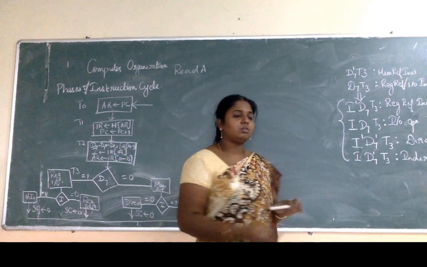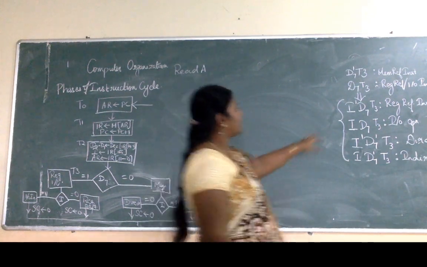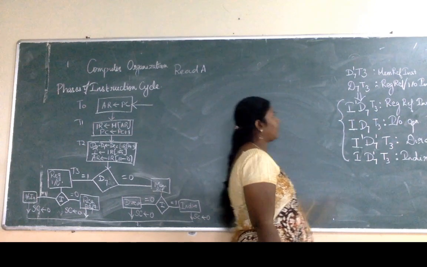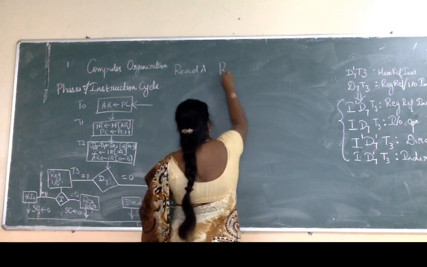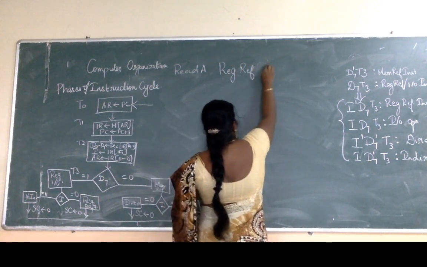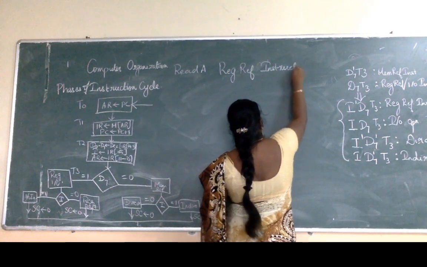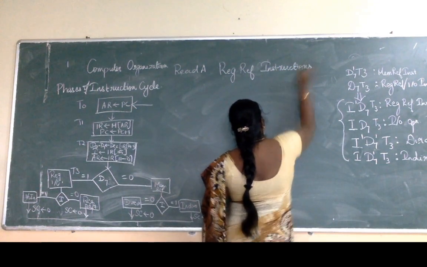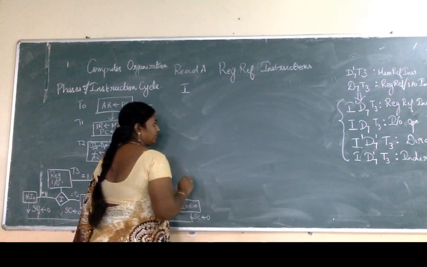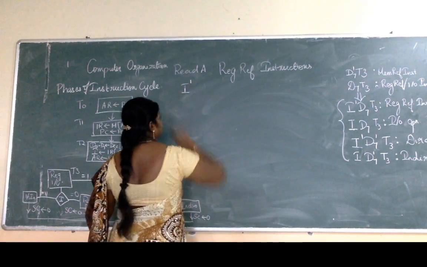So at time cycle T3, under this condition, we are going to do the register reference instruction. All register reference instructions are going to have the value of I as 0, so I have to mention it as I dash.